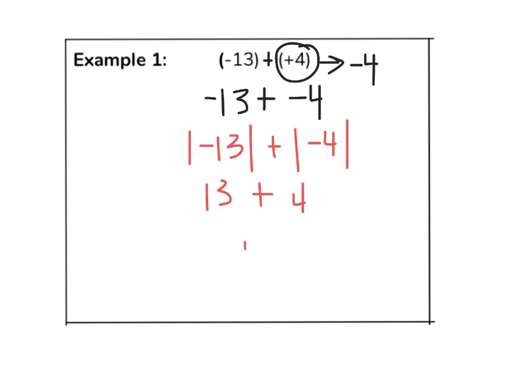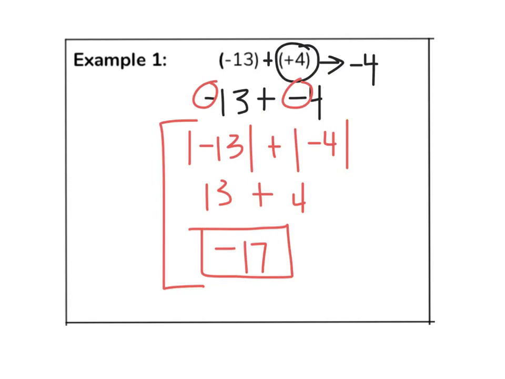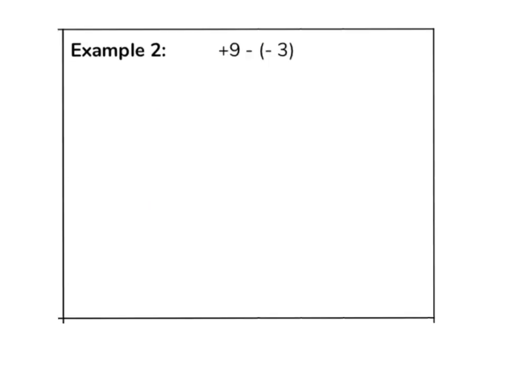So 13 plus 4 is 17. And then again, we're working with two negatives, so our answer would be negative 17 as the final answer. So again, when we're subtracting, we do keep, change, change, and then we go through and do our steps for adding integers.